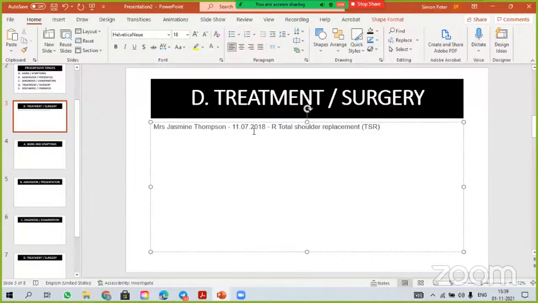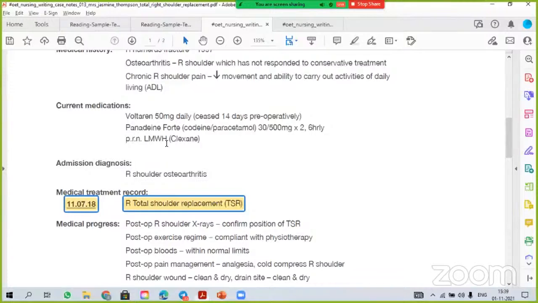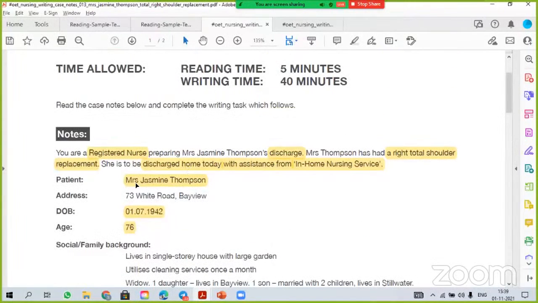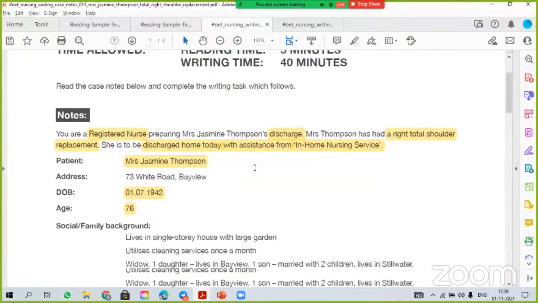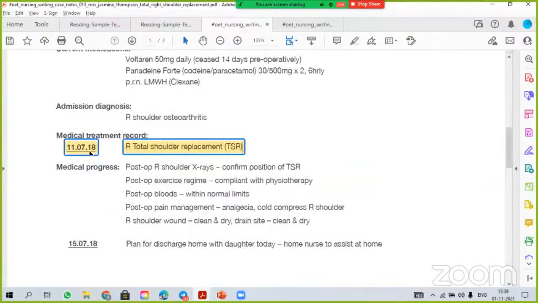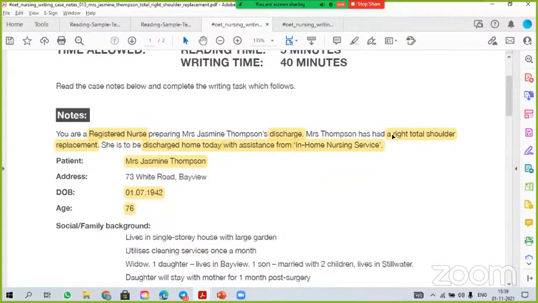We got Mrs. Jasmine Thompson from here, and we got the date 11/7/2018 from here, right total shoulder replacement, TSR. So that is from here, a right total shoulder replacement.